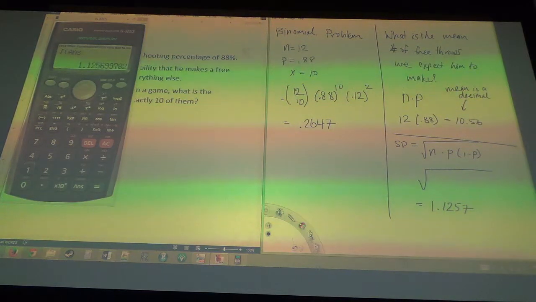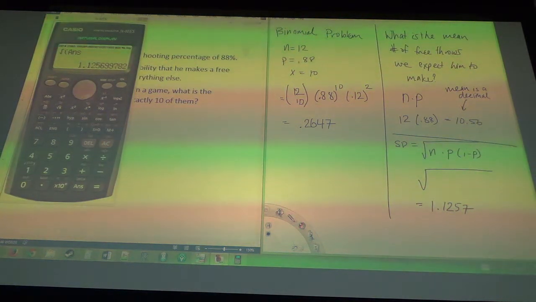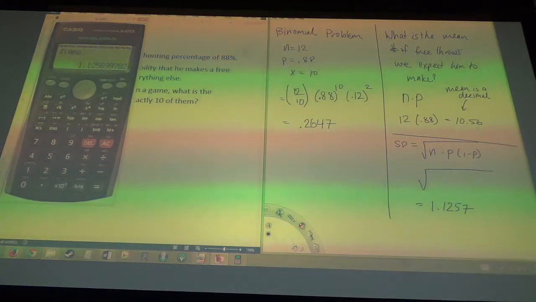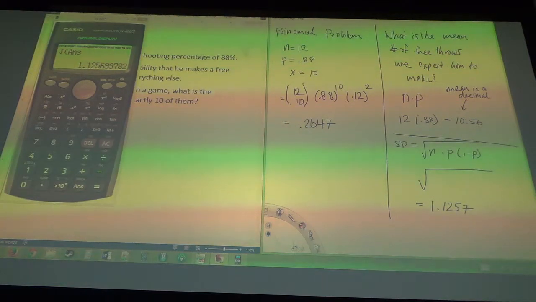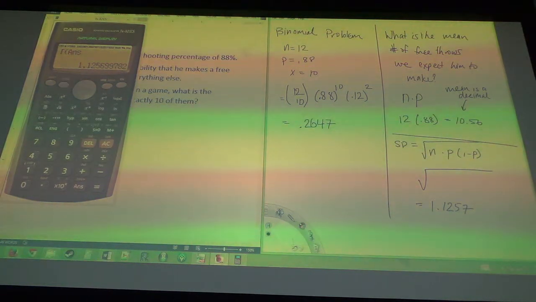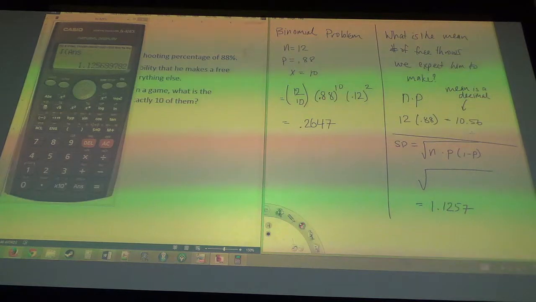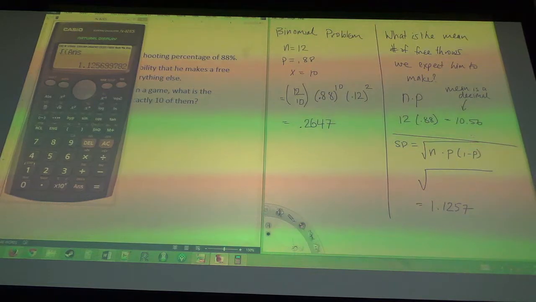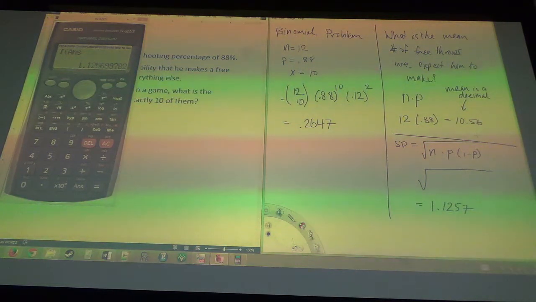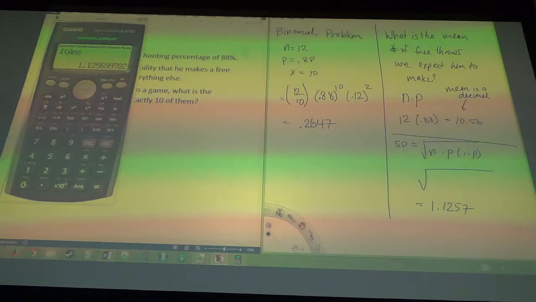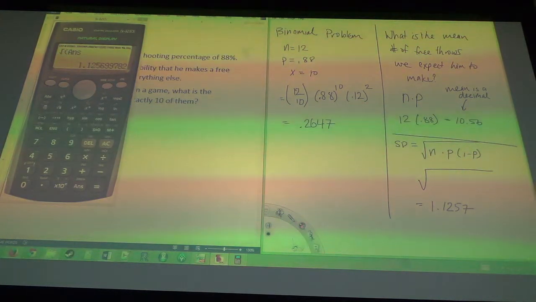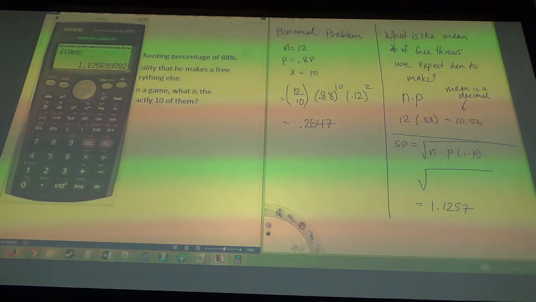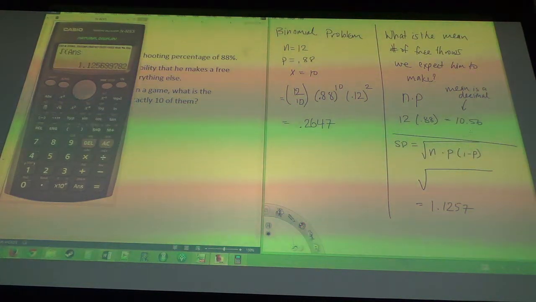He can only make a whole number of free throws, but in terms of the average, if Chris Paul played 82 basketball games, and every single game he shot 12 free throws, which would never happen, what would the average number of free throws be that he makes? That average should be around 10.56. The mean of the random variable is 10.56.